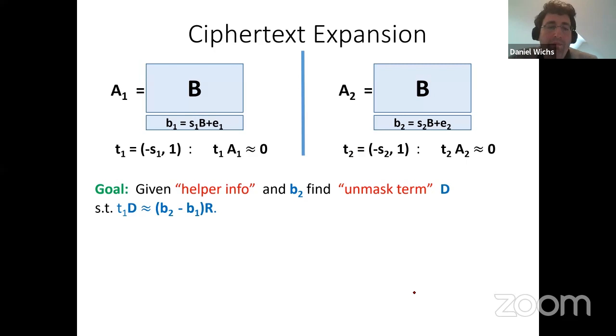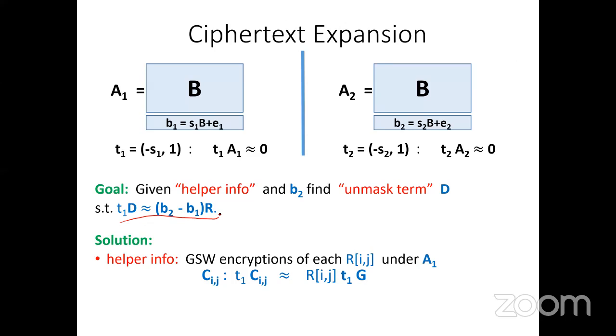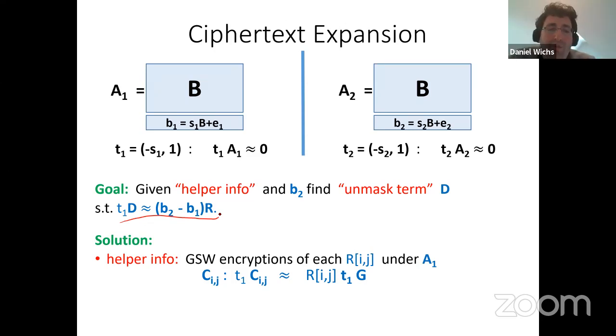That's the last step. So again, I need to show you how party 1 can give some additional helper info that will let us compute this matrix D that satisfies this property here. And here's the idea. The helper info is just going to consist of GSW encryptions of each bit of the randomness used to create the GSW ciphertext of party 1.